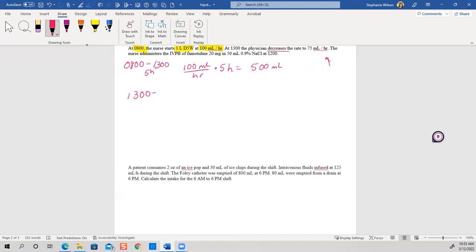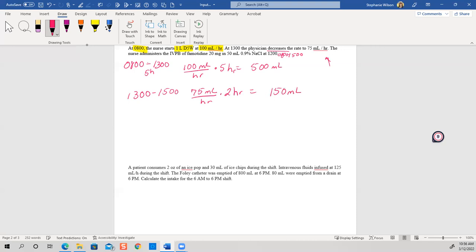Yeah, 1500. Let's make this shift 0800 to 1500. Apologize, I didn't catch that it wasn't on there. So from 1300 to 1500, they did 75 milliliters per hour. Make sure my notation stays the same. So we know that's 2 hours, which we know that's 150 milliliters.